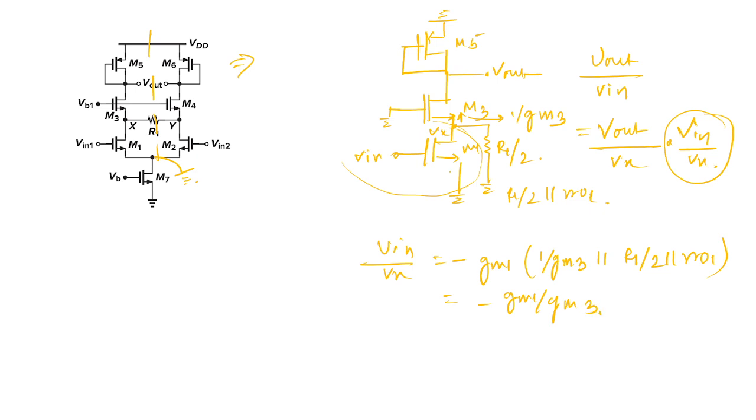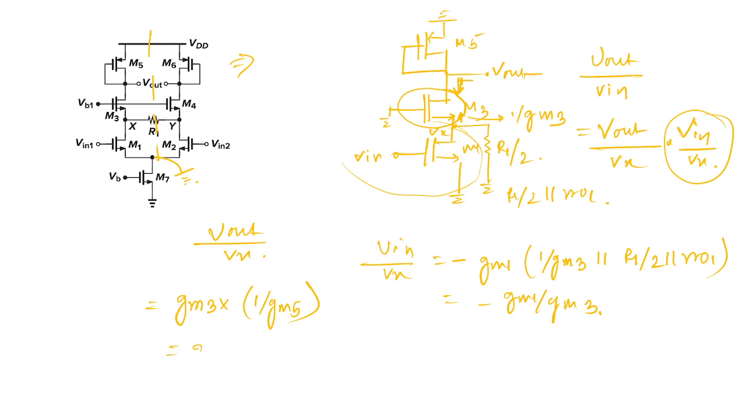Now let's find out V out by Vx. This transistor M3 acts as a common gate amplifier. So what will be the gain here? This is nothing but Gm RD. So Gm3 into what is the resistance here: 1 by Gm5, and if you look downward, this provides very high resistance. So high resistance in parallel with the low resistance is equivalent to the low resistance.